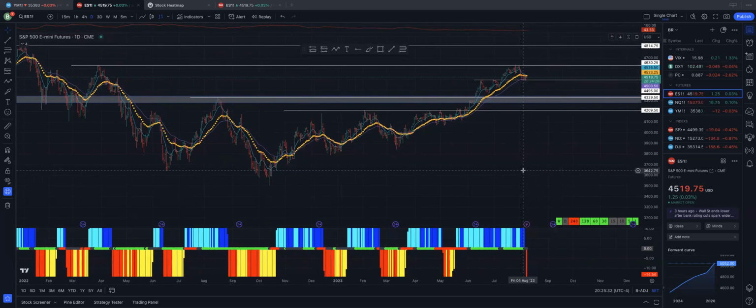What platform do you use for futures trading or for futures options trading? So options trading, I use Thinkorswim, and I have a margin account.